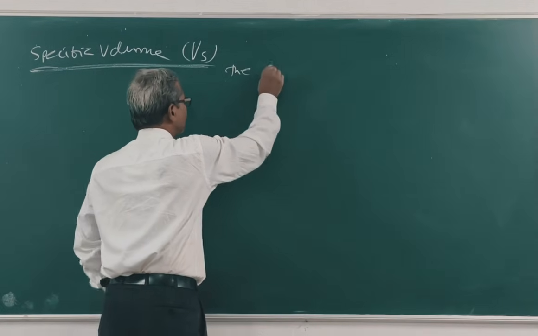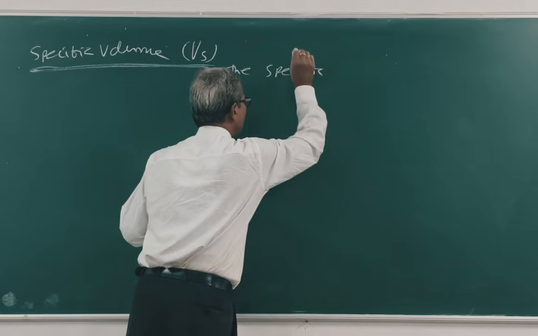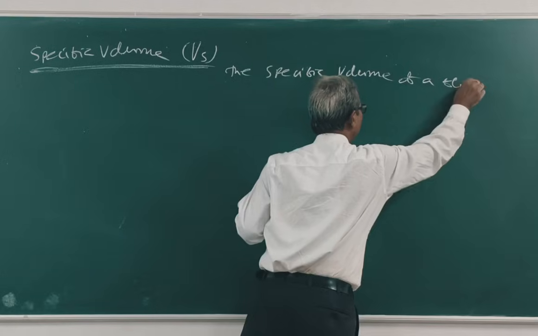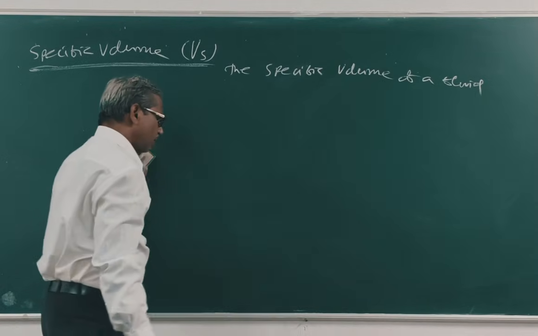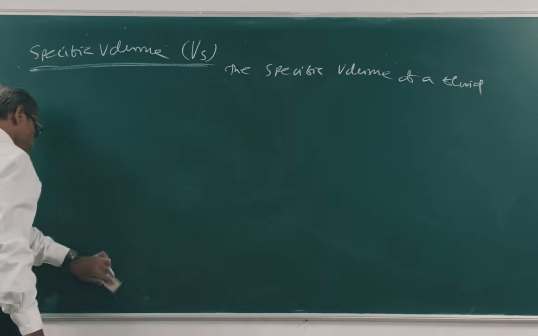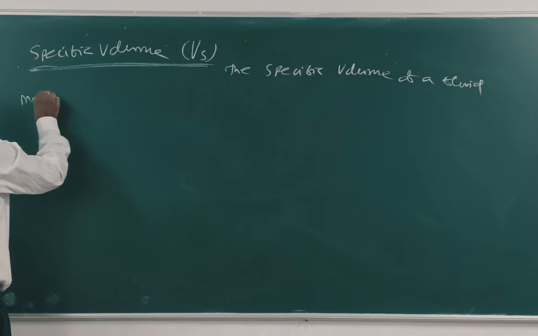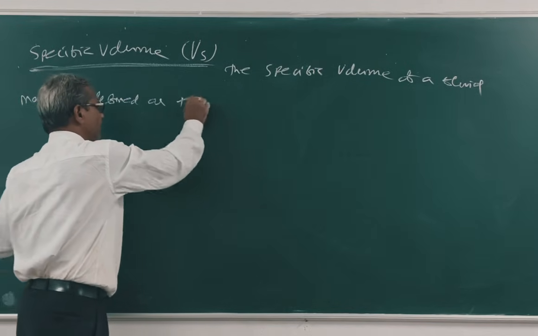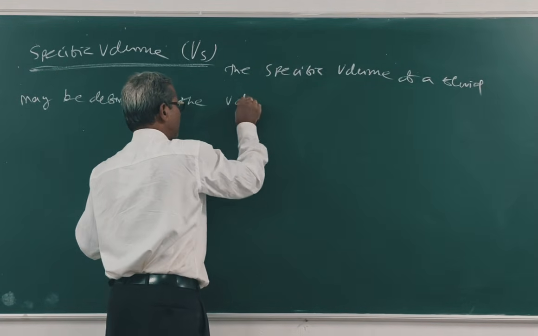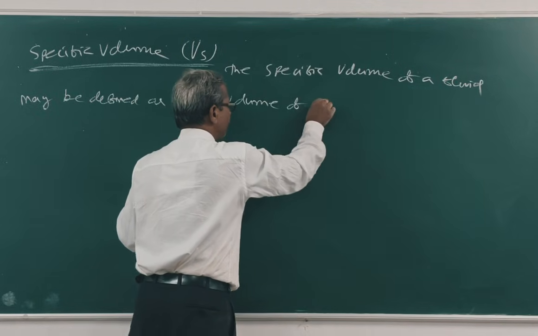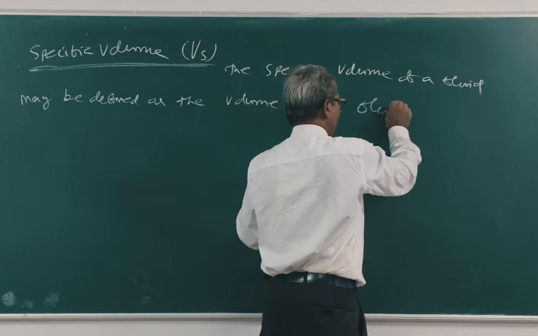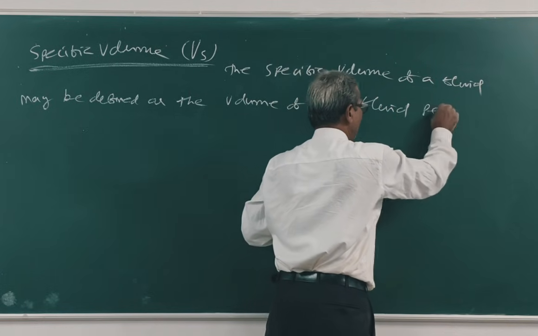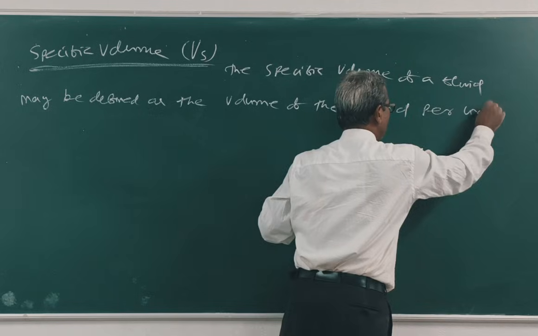The specific volume of a fluid may be defined as the volume of the fluid per unit mass.